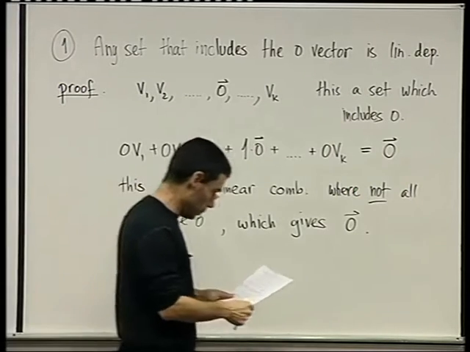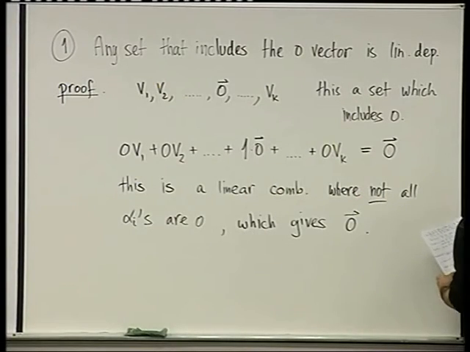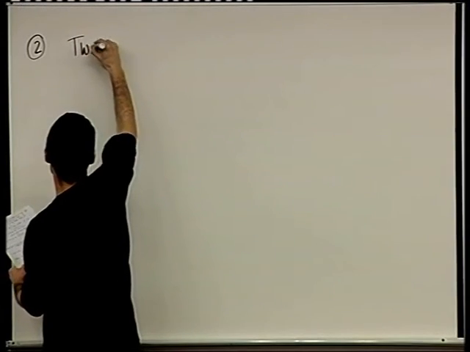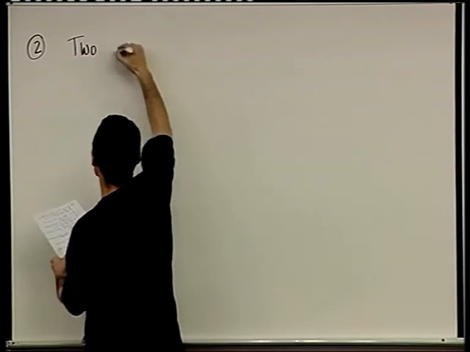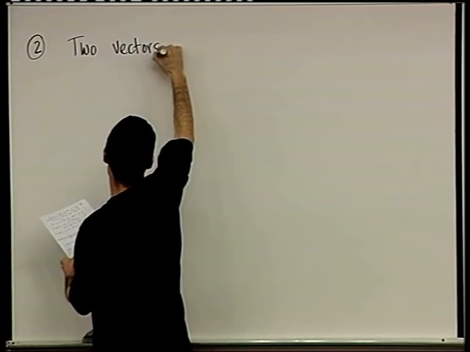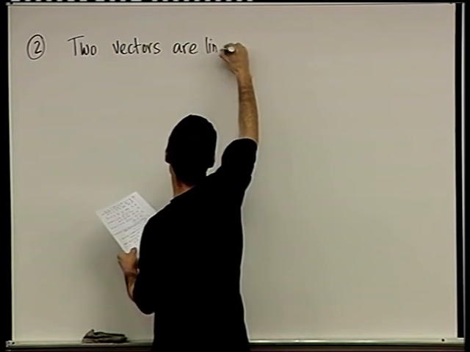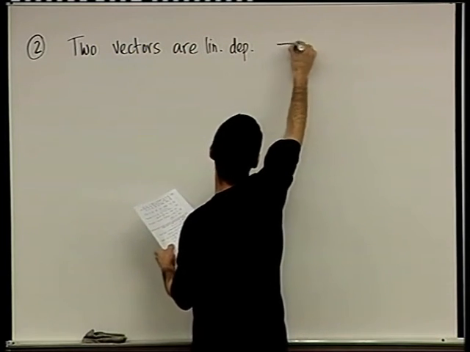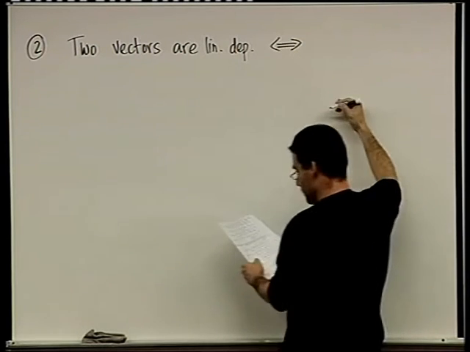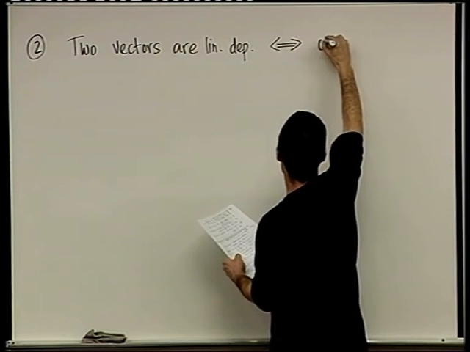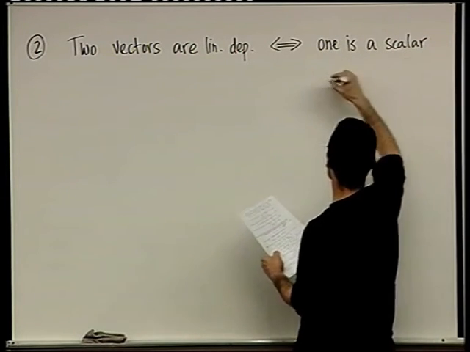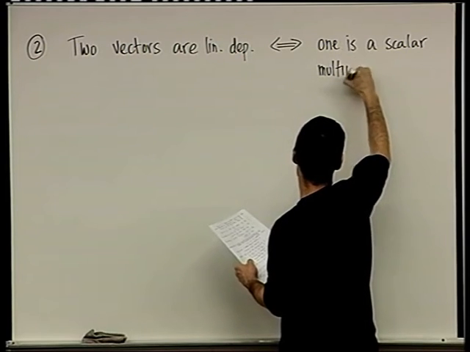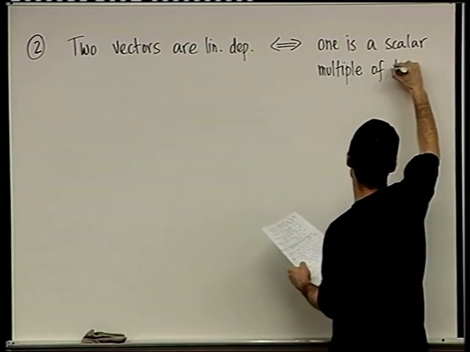Okay, theorem number 2. Two vectors, suppose your set only includes 2 elements, 2 vectors. So 2 vectors are linearly dependent if and only if one is a scalar multiple of the other.